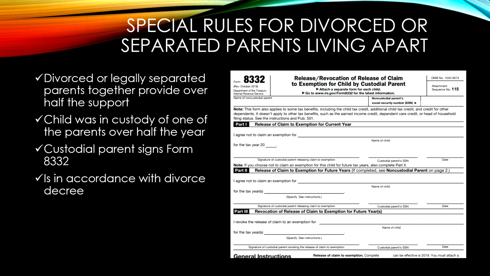And last, before we leave, there are some special rules for divorced or separated parents who live apart. And these are parents who would be considered unmarried, so they are divorced and legally separated.